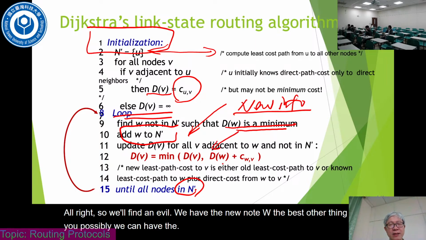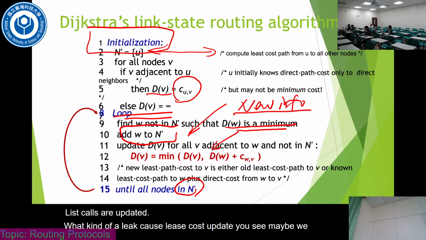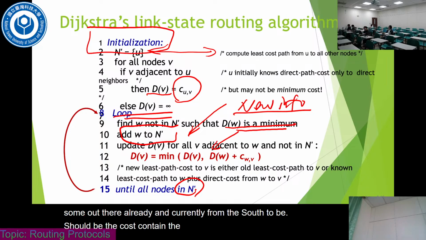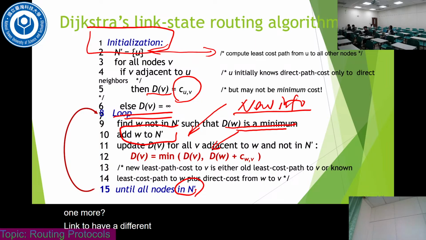What kind of least cost update? Previously, we may have had some update already, and currently the cost from the source to v contains the minimum value. But maybe how about having one more link, a different path from the source node through w?